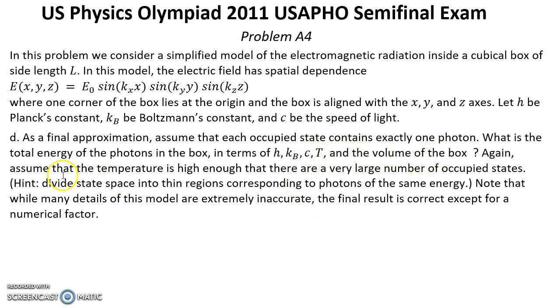Again, assume that temperature is high enough that there are a very large number of occupied states. Hint: divide state space into thin regions corresponding to photons of the same energy. Note that while many details of this model are extremely inaccurate, the final result is correct except for a numerical factor.